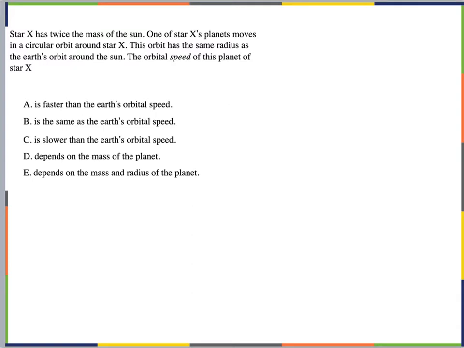Here we are basically comparing the Earth around the Sun, and another planet around star X. We're trying to talk about the orbital speed. Again, this is the case where the force of gravity is equal to the mass times the centripetal acceleration.